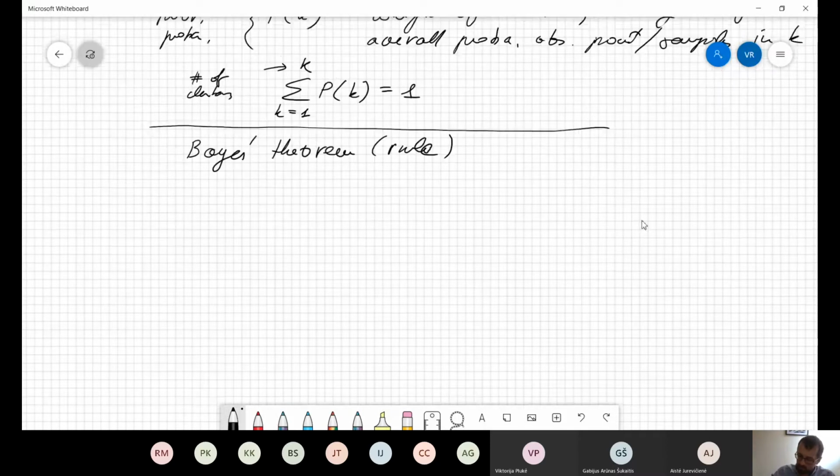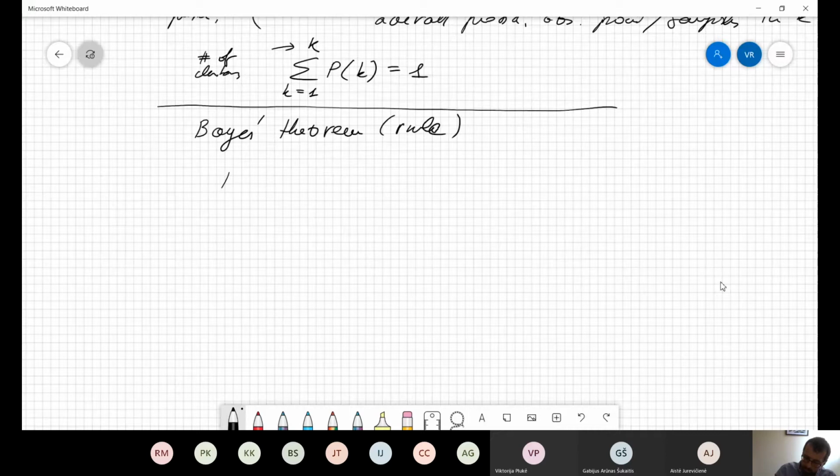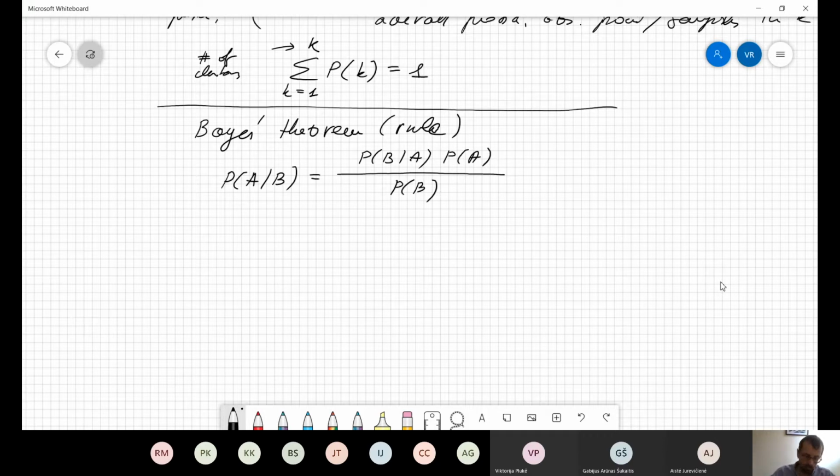Basically, Bayes theorem or rule says that the posterior probability of A given B, for two events, which is familiar from before, is calculated by the probability of B given A times the probability of A, divided by the probability of B. Again, the probability of A and probability of B are called the initial probabilities or priors.